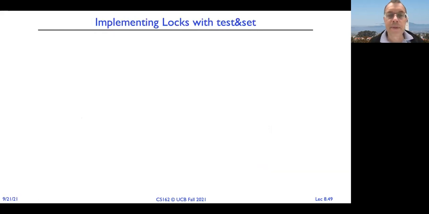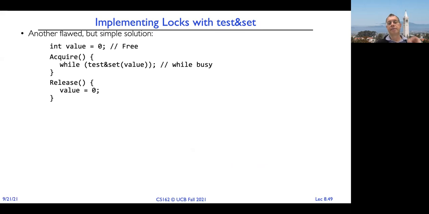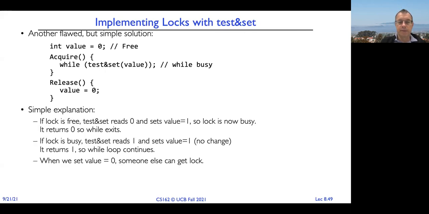Now, how we implement lock with test and set is very easy. Initially, you set the value to 0. Acquire, you just wait for test and set to be 0, and then release, you just set value to 0. So what happens here?